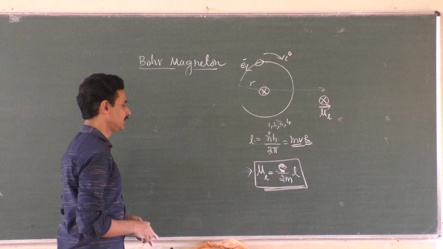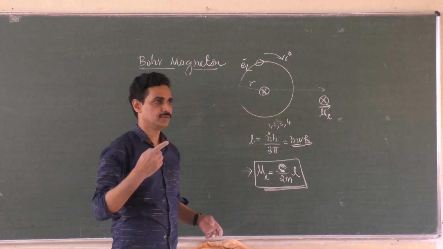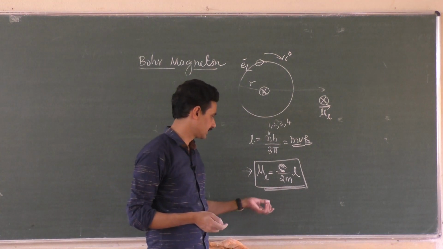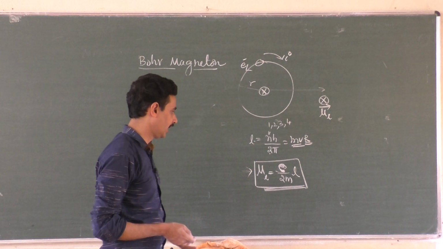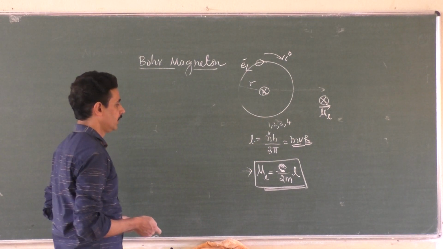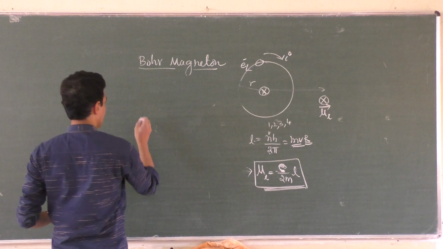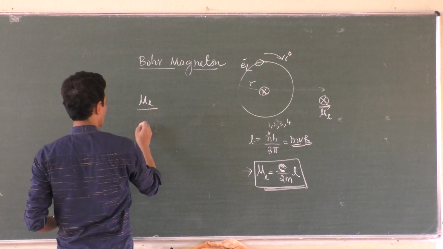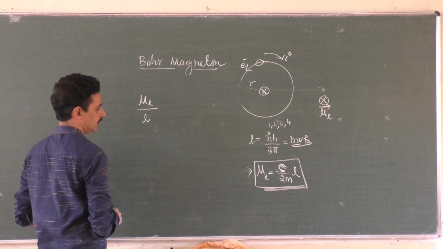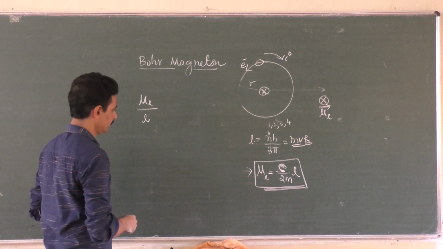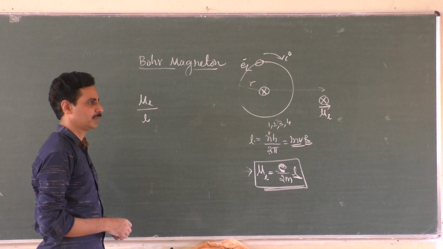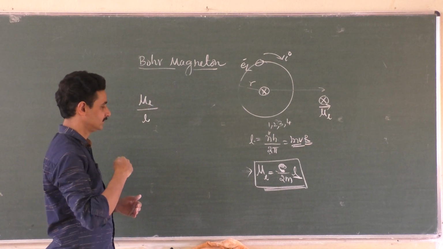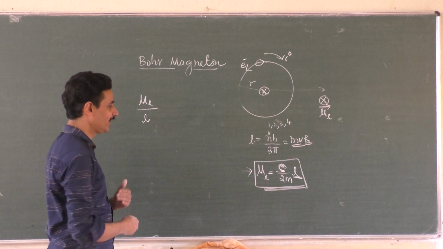So the magnetic moment due to an electron revolving around the nucleus in a circular orbit of radius r is eL by 2m. L is nh by 2 pi, you know it. It is mvr. Now, if you bring L here, what is the magnetic moment divided by angular momentum?